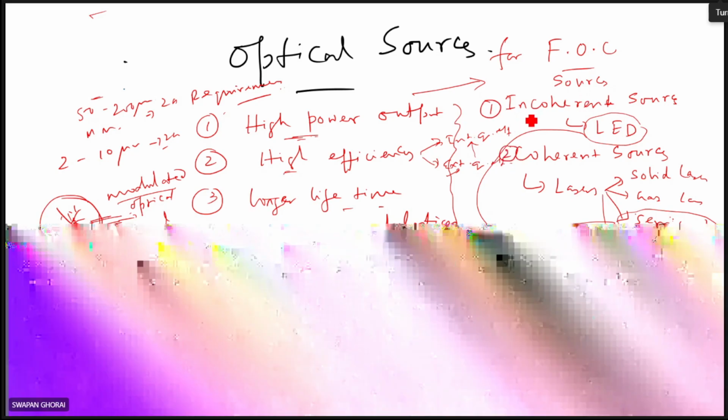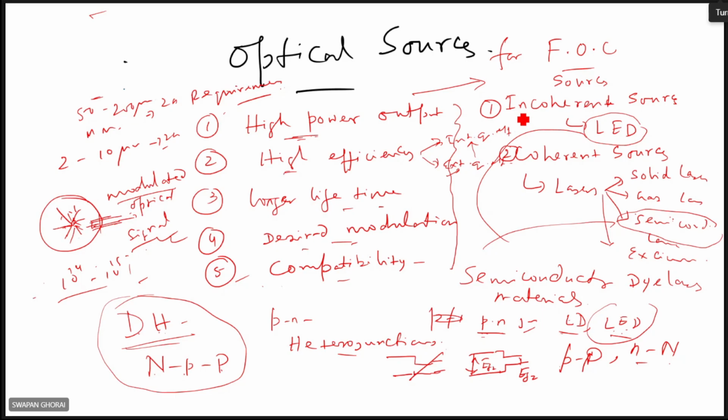All natural sources are incoherent sources. What you see from the sun, that is an incoherent source. But laser sources, which are artificial sources, can be coherent sources, right? And among incoherent sources, not all are suitable for fiber optic systems, right?